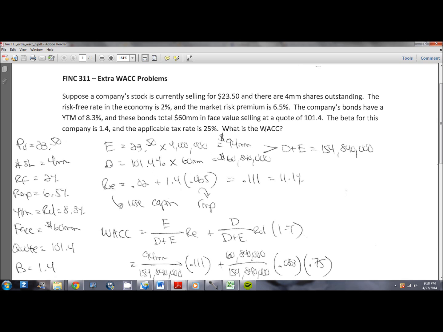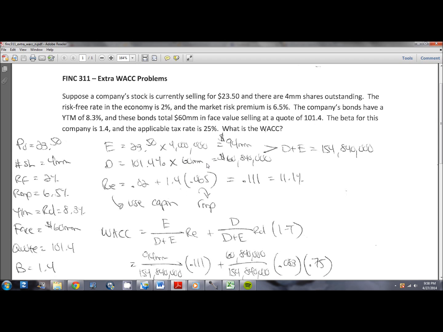So then I proceeded to find D because I thought that would be pretty helpful now that I have E. So I find D by taking the current quote of the bond times the total face value of the bond. So the current quote is 101.4, which you see right here. And again, remember, whenever you see a quote, that is a percentage of par.